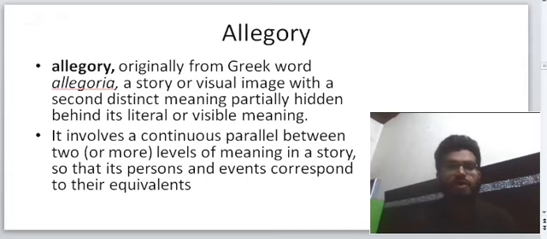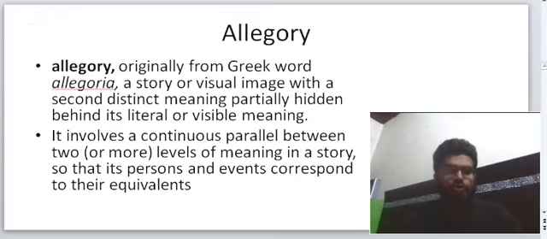It involves a continuous parallel between two or more levels of meaning in a story, so that its persons and events correspond to their equivalents. So, this is basically a kind of long process in which we have parallels.